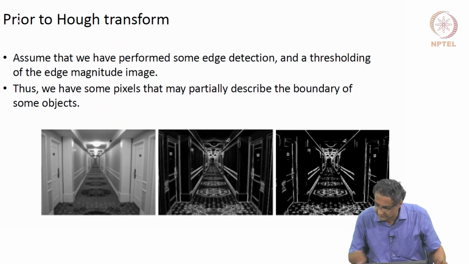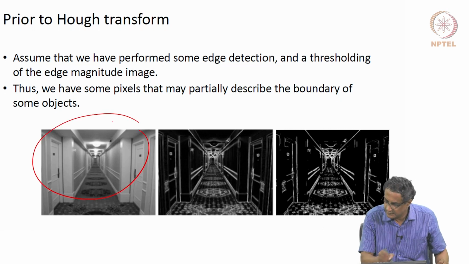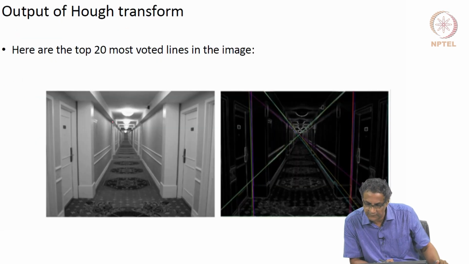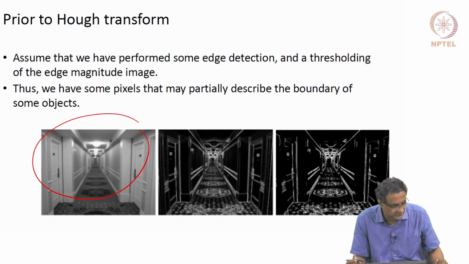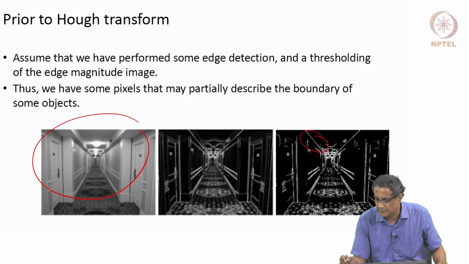For example, if you had an image like this, and a thresholding, assume that we have performed some edge detection. So here is where you have those edge pixels. You still do not know which of them are lines, but to your visual eye you can immediately see the predominant lines.